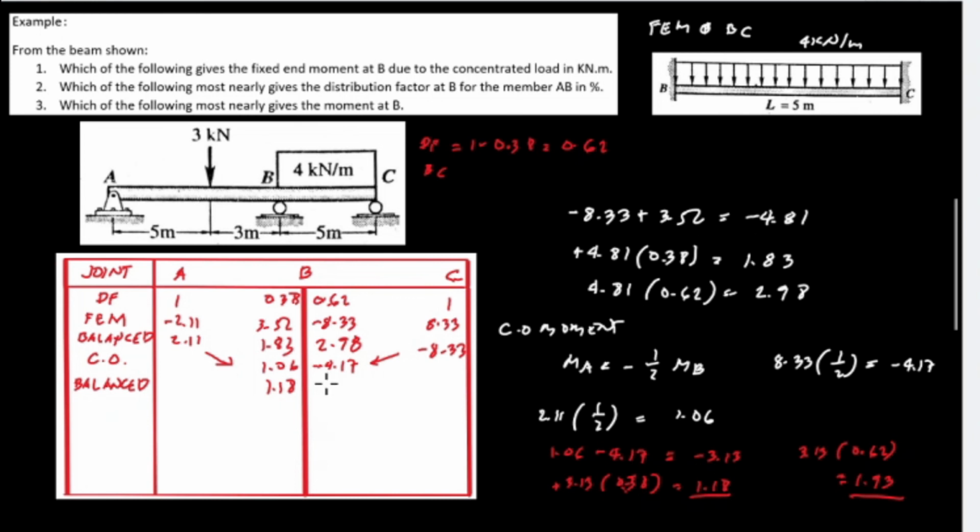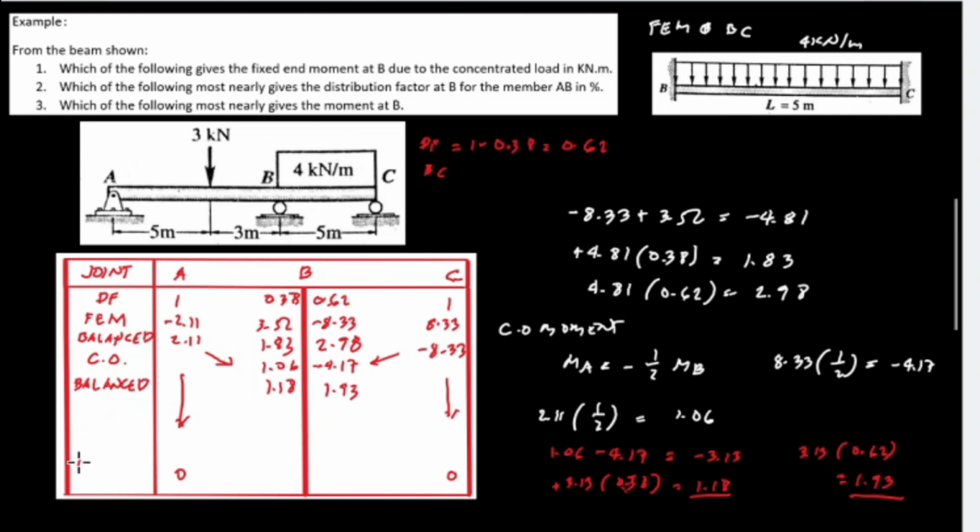Two values will be put at the balance, which is at BA, that's 1.18, and at BC, that's positive 1.93. And we don't have the value for the balance for A because the value is equal to 0. And at C, the value is also equal to 0. And we will now have the final moment value.